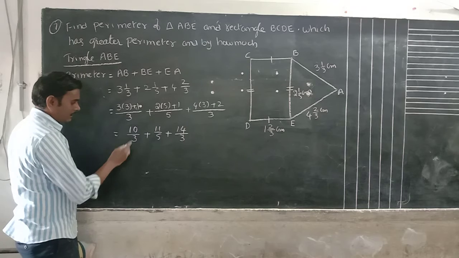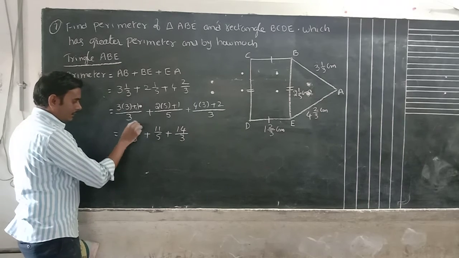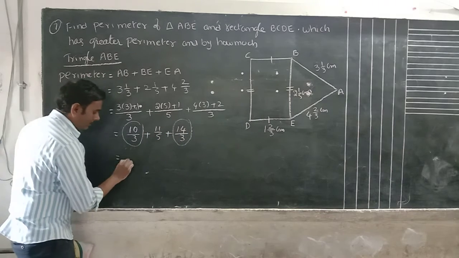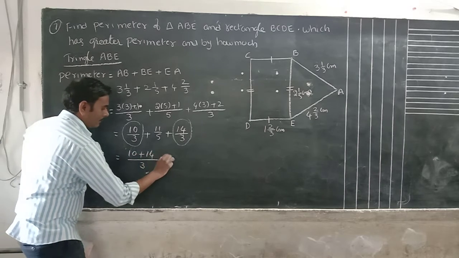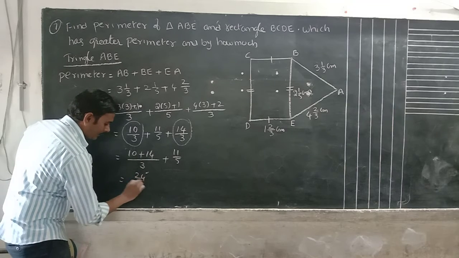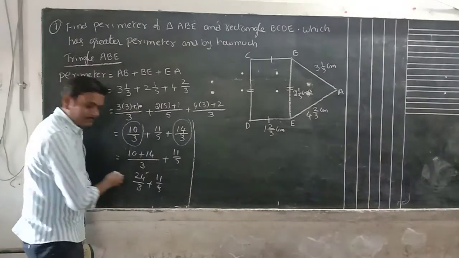Whenever denominators are same, we can add it. Okay, we have to take addition of these two. Okay, this fraction and this fraction having the same denominator. Okay, common denominator 3 right here. 10 plus 14 plus 11 by 5. That is 10 plus 14 is 24 by 3 plus 11 by 5. Now cross multiply. Take LCM addition.